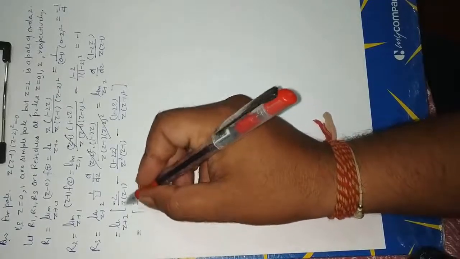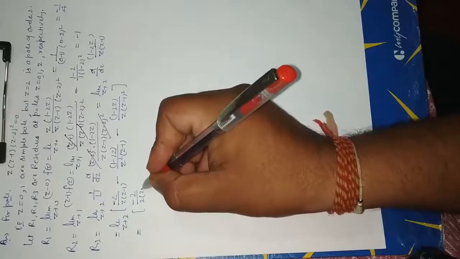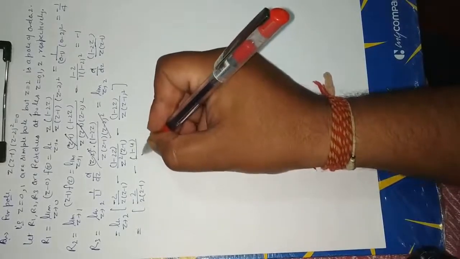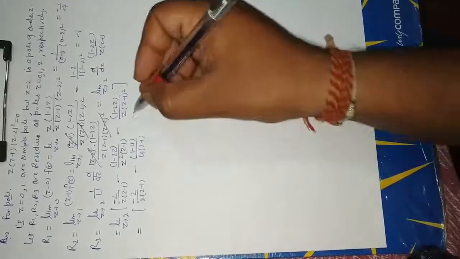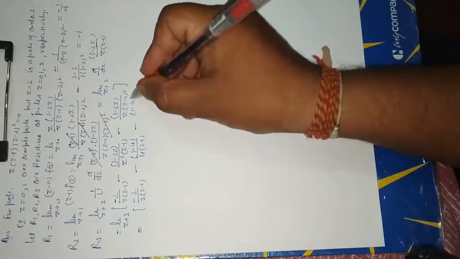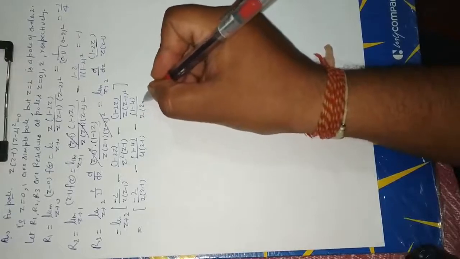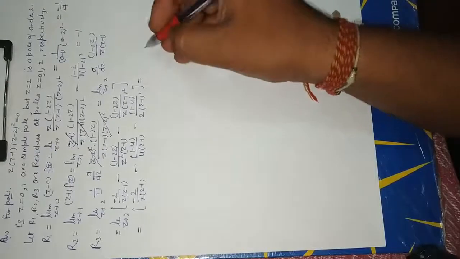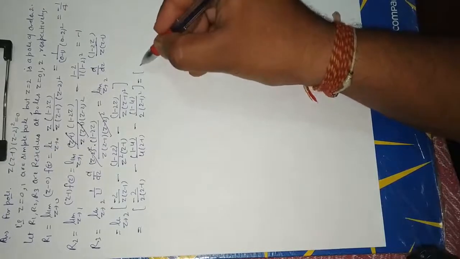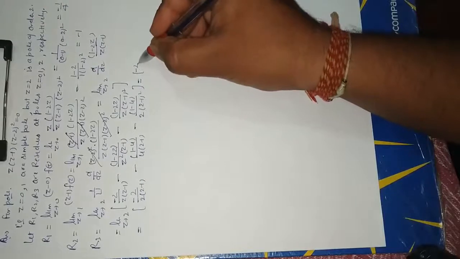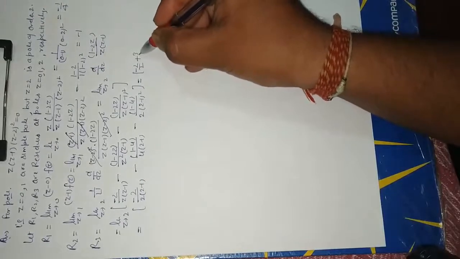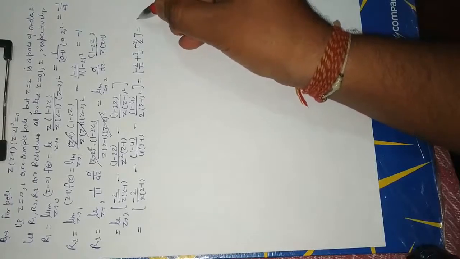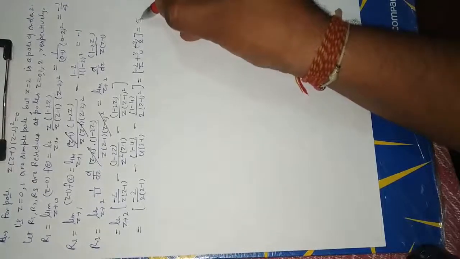This is equal to minus 2 upon 2, plus 3 by 4, plus 3 by 2. This is equal to 5 by 4.